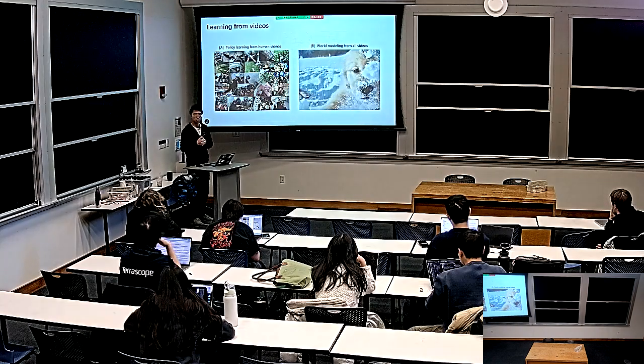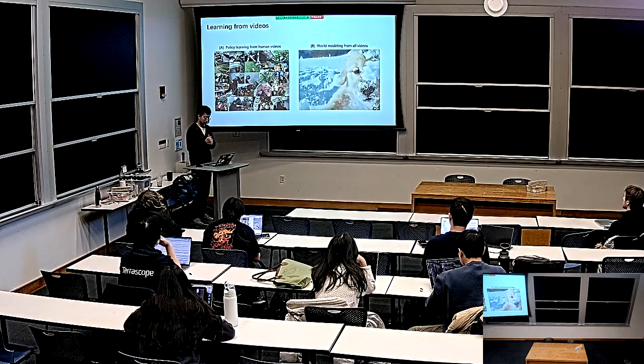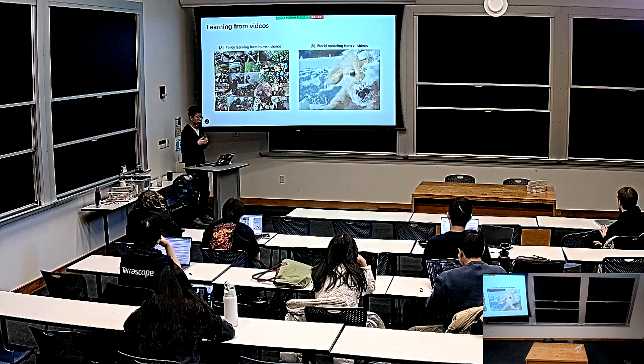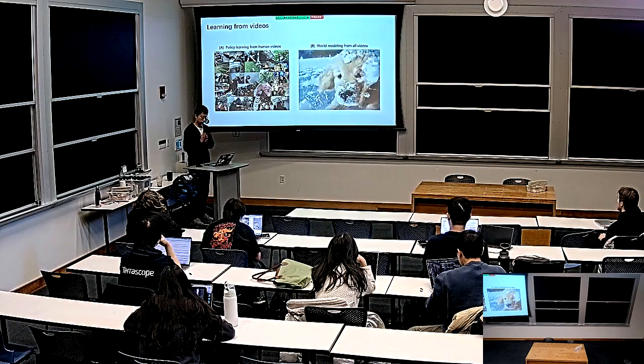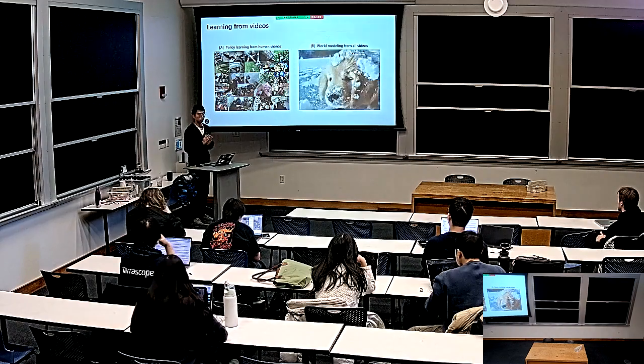Okay, so far we have introduced how we can learn a policy from human video. But the problem is there are so many videos on the internet. How can we utilize them? So we're going to introduce the second approach, which is world modeling from all videos.